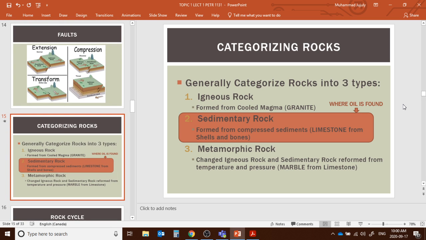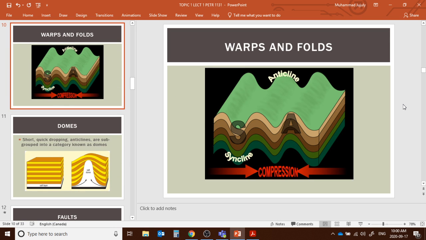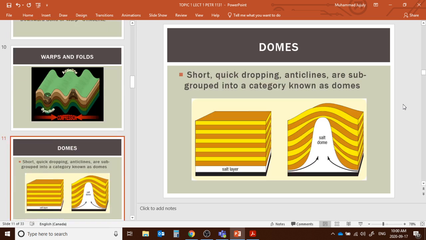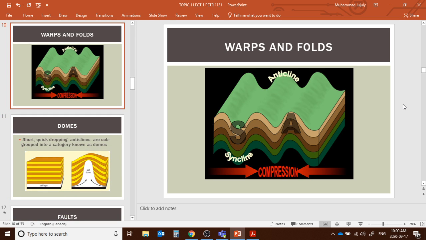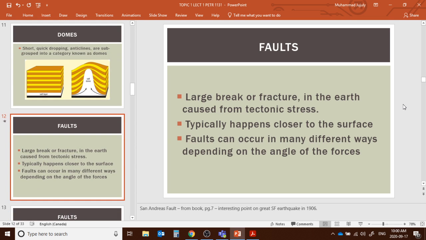Now, this is about how domes and faults are created, and what synclines and anticlines are. What we have learned: the warps and folds, how anticlines and synclines form, and how domes are created. Domes are a type of anticline.